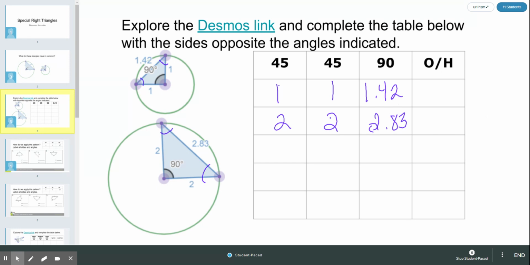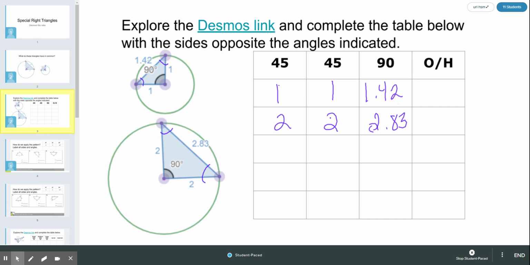So I'm going to share my screen again. Hopefully that doesn't take over yours too terribly much. So we had 1 and 1, 1.42. And we had 2 and 2 and 2.83.